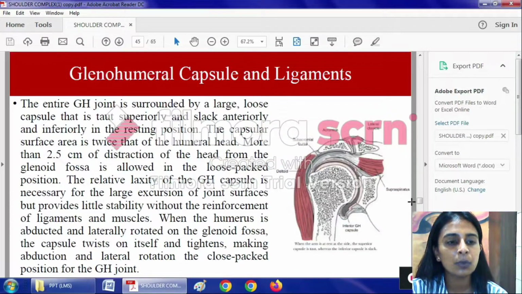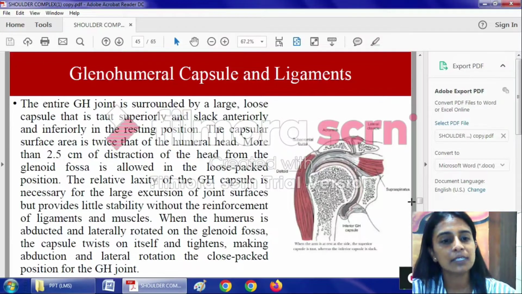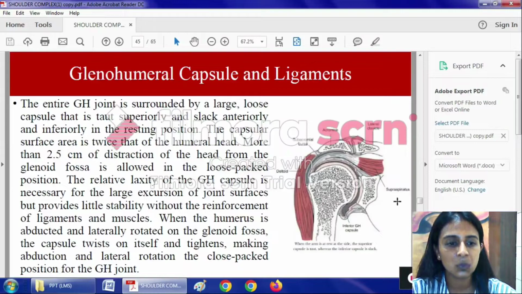More than 2.5 cm of distraction of the head from the glenoid fossa is allowed in a loose packed position. The relative laxity of the GH capsule is necessary for the large excursion of the joint surface, but provides little stability without the reinforcement of ligaments and muscles.